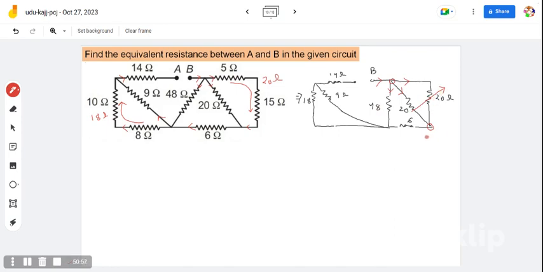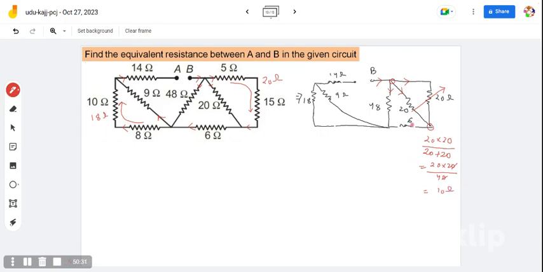It will be 20 into 20 divided by 20 plus 20. So what we get? We get 20 into 20 divided by 40. So we get 10 ohms.